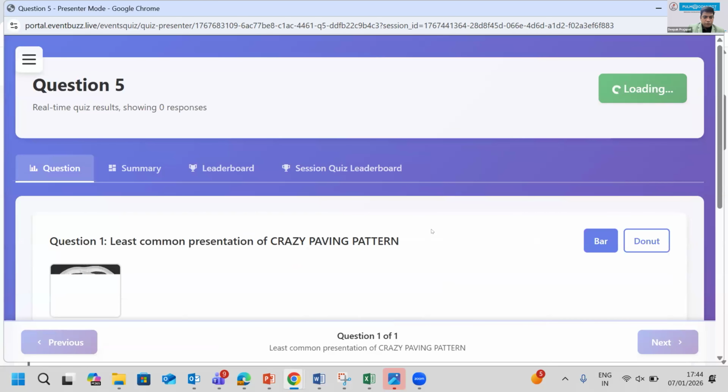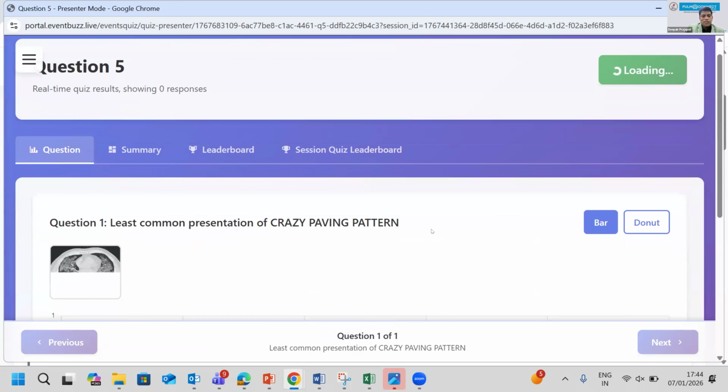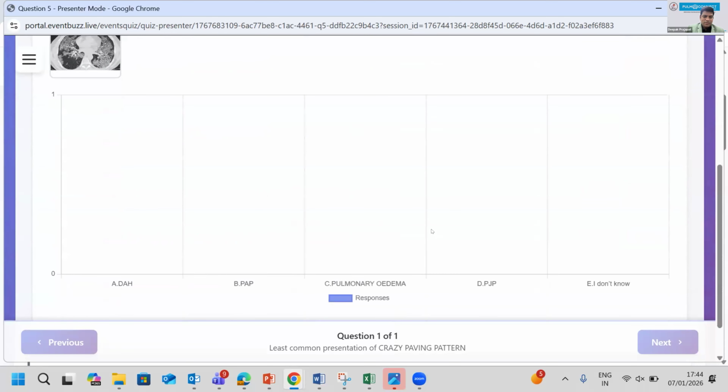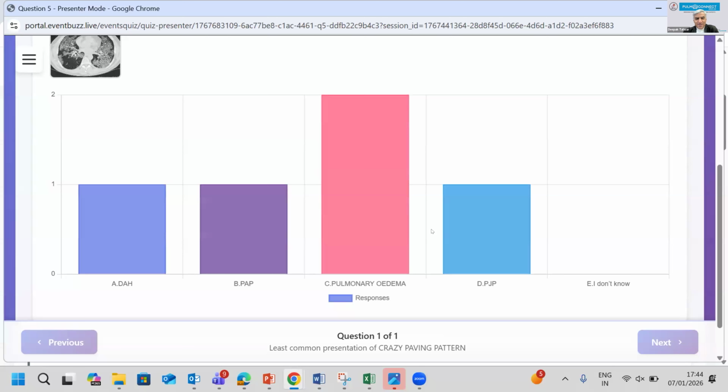So now the fifth question. The question is least common presentation of crazy paving pattern. So read the question carefully. Least common presentation of crazy paving pattern. So all are common, all are there, but one is least common.